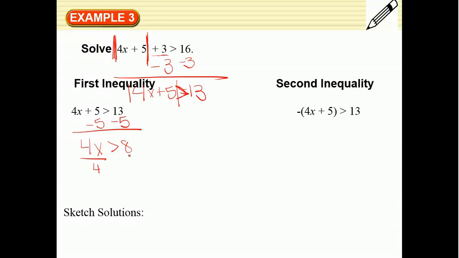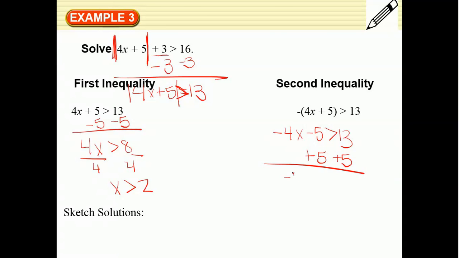Let's divide by 4. So x is greater than 2. Let's check this one. So let's distribute that negative in. Looks like I got to add 5. Divide by negative 4. Well, I divide by a negative, make sure you flip that sign. So I get x is less than negative 9 over 2.